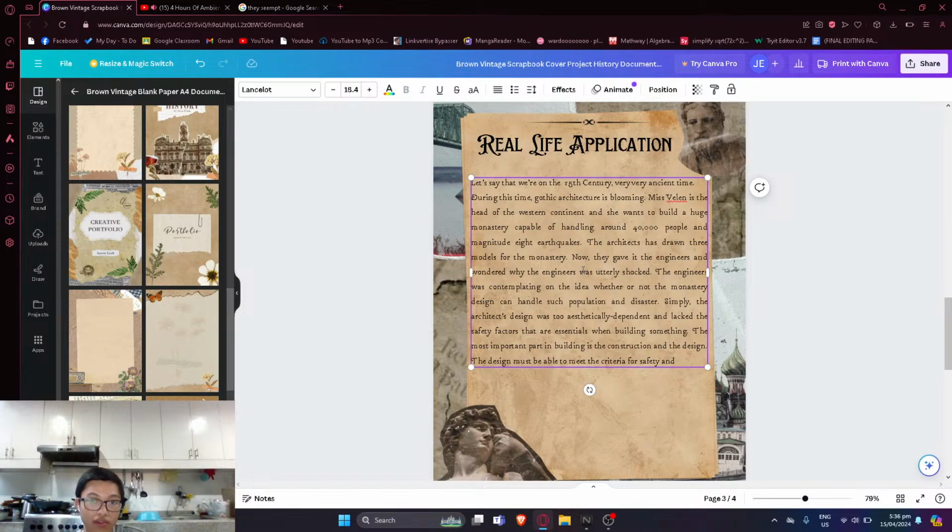Let's say that we're in the 15th century, very ancient time. During this time, Gothic architecture is blooming. Miss Velen is the head of the Western continent and she wants to build a huge monastery capable of handling around 40,000 people and magnitude 8 earthquakes. The architect has drawn 3 models for the monastery.